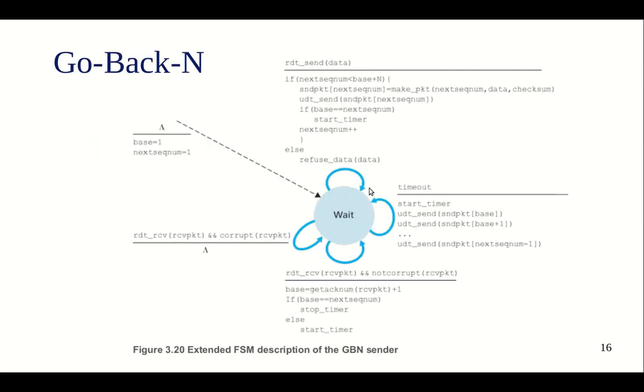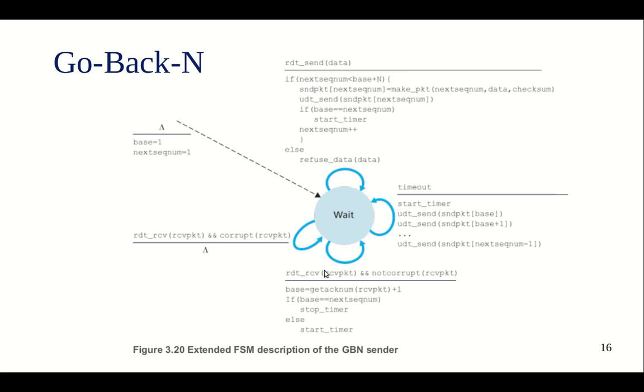So let us look at the state machine. Essentially, what are the events that can happen? This is the beginning. In the beginning, base is 1, next sequence number is 1. Then the application might call RDT send. So this is what needs to be done.